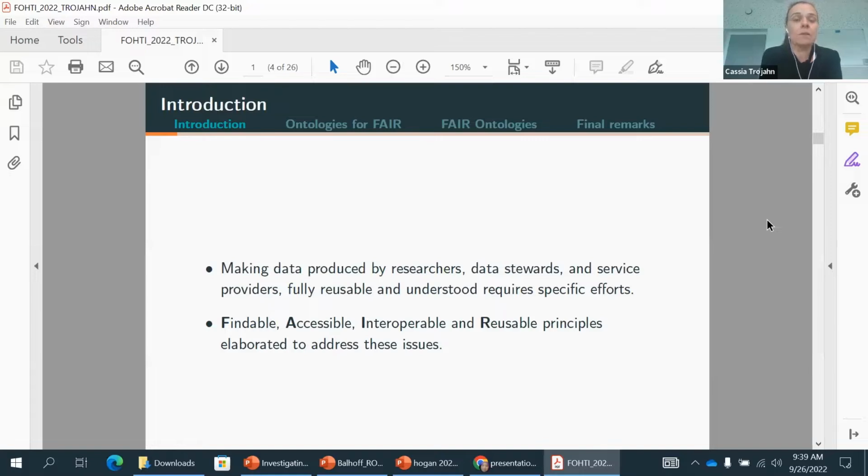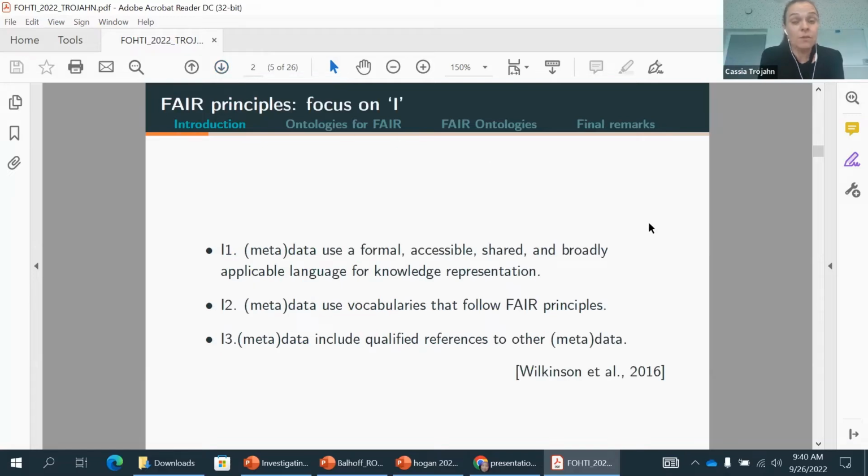These principles, findability, accessibility, interoperability, and reusability, can guide data providers in publishing data and making it interoperable and reusable. The focus here in the talk about ontologies is on interoperability, as Gary mentioned at the end of his presentation.